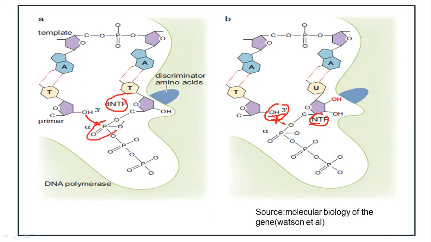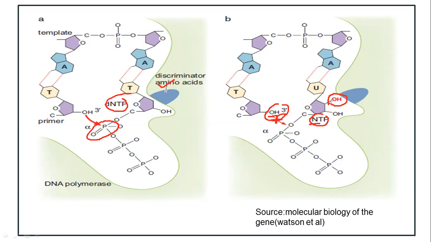Here some discriminating amino acids are present which can discriminate between DNTPs and RNTPs. The 3' OH group is present in both DNTPs and RNTPs.